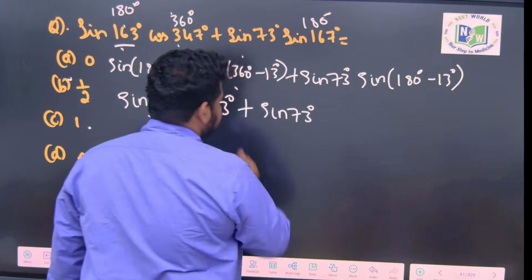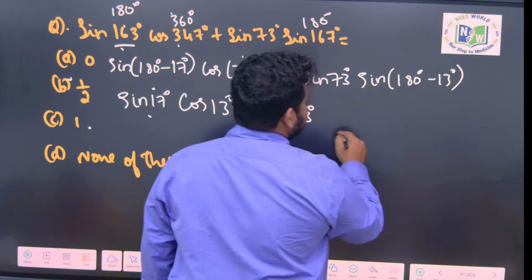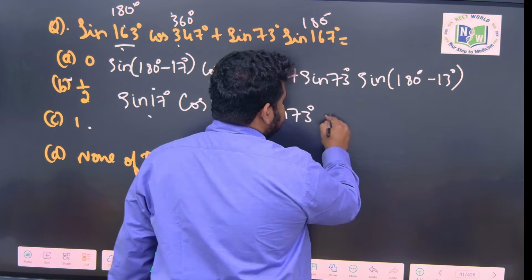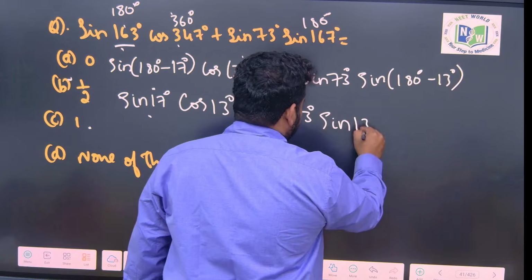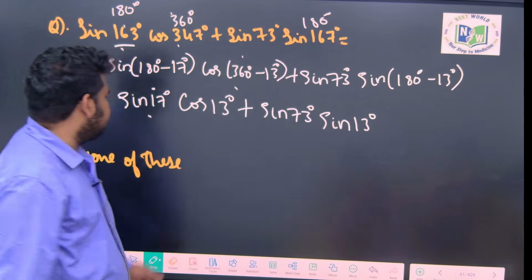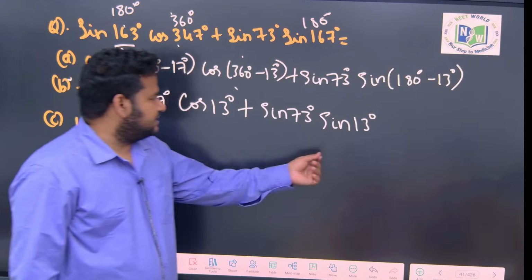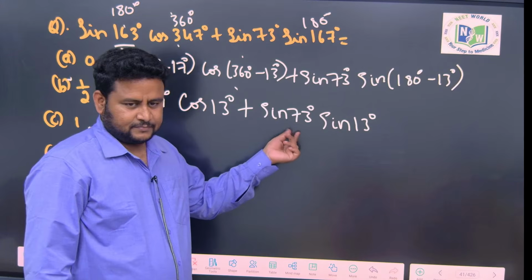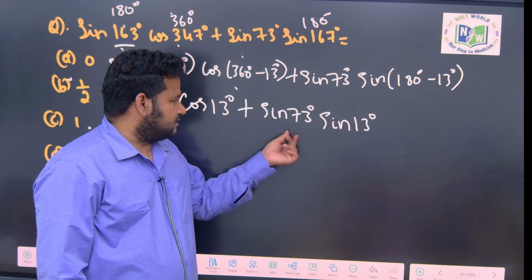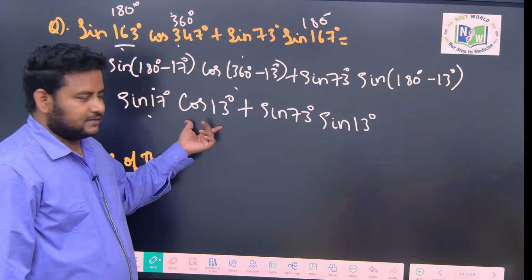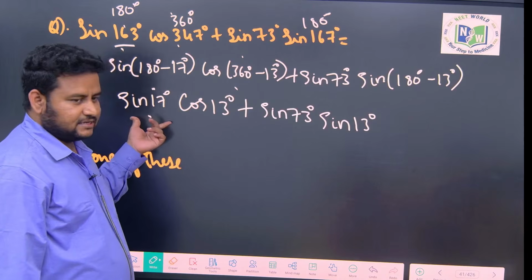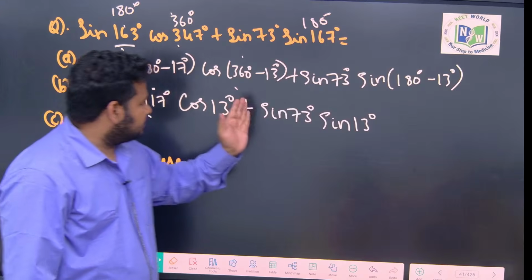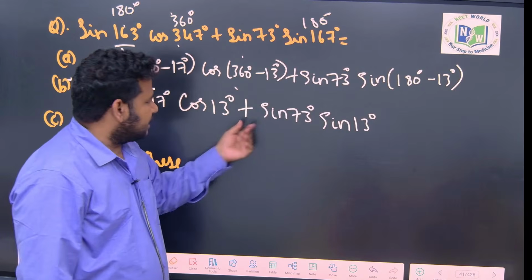Then sin 180 minus theta, sin will remain sin, so sin 13 degree. So we have sin 17, cos 13, sin 73 and sin 13. Now 17 is there, 13 is there, 13 is there. I want 17 here also.